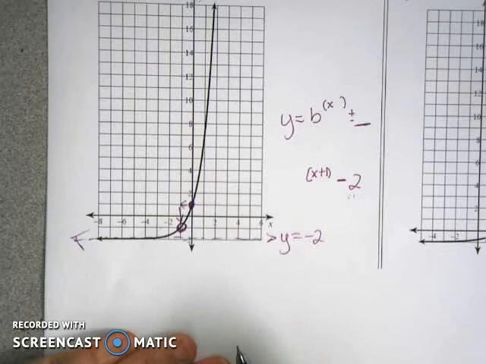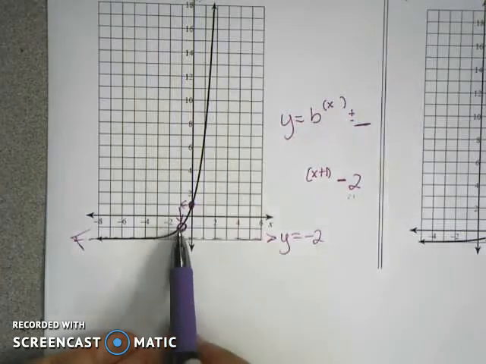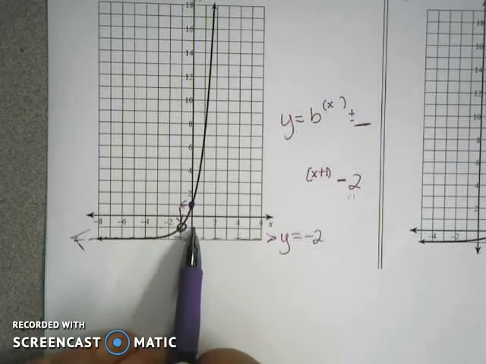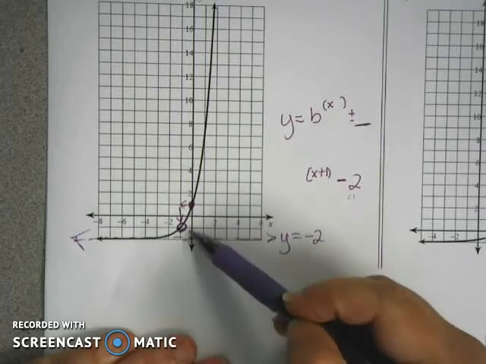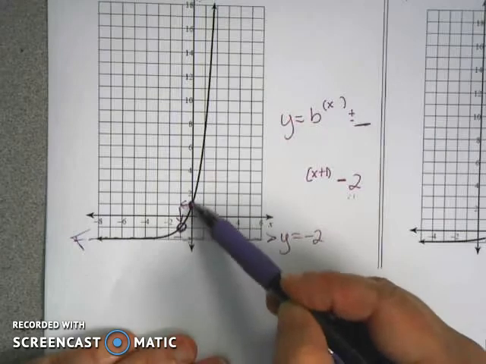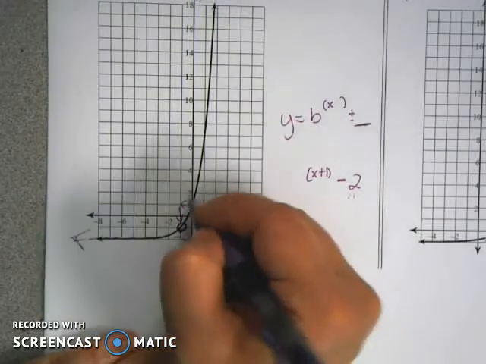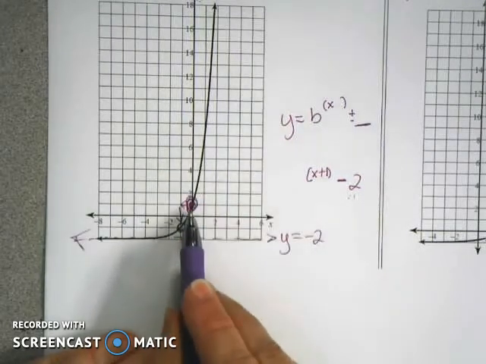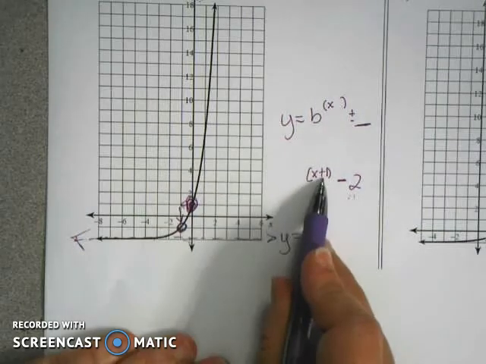Now we have to figure out the base. So from this point that we just figured out was originally 0, 1, I go over one x value and figure out where my graph passes through an actual coordinate, and it's right here. And then I retrace that point back in the opposite set of directions from what it just came from.